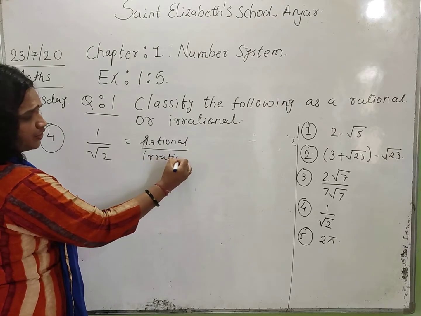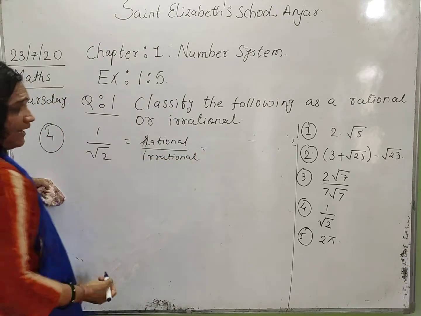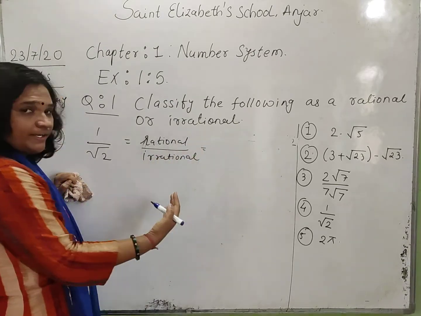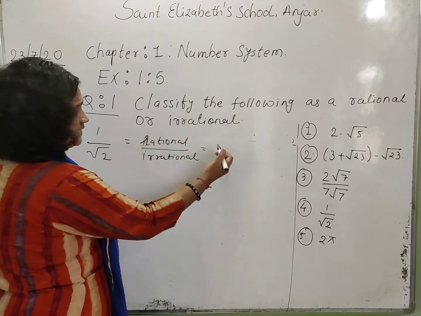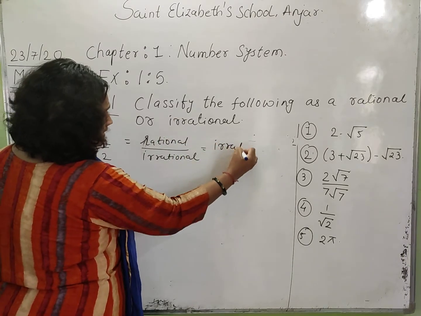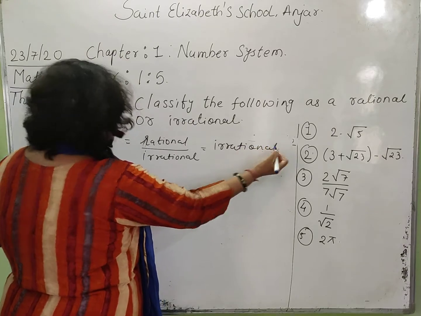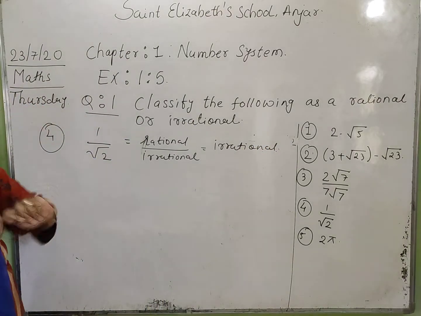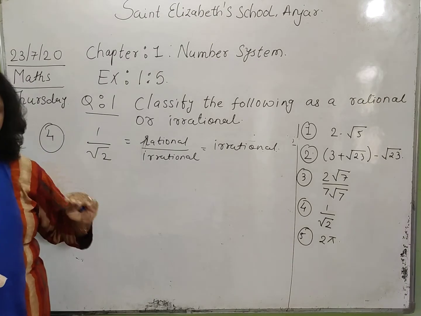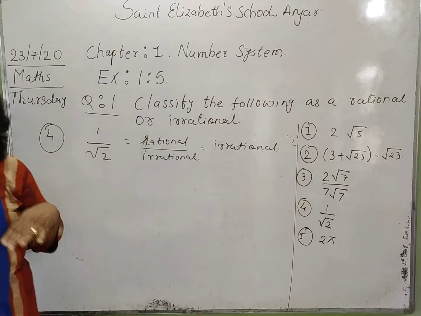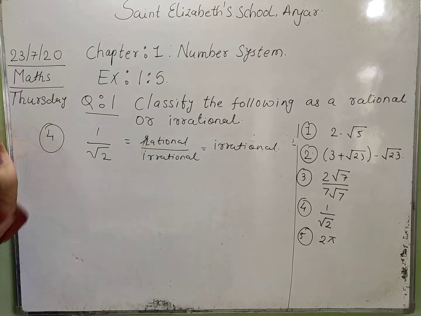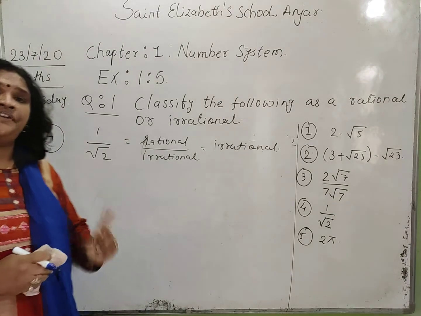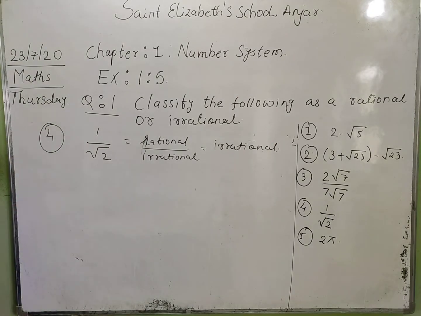For that I am not going to perform any practical sum, as I have already given an example. I told you when you divide rational by irrational, the result may or may not be rational. But in this case 1 upon root 2 is an irrational number. That depends on the given answer.